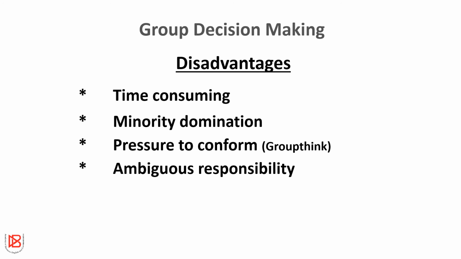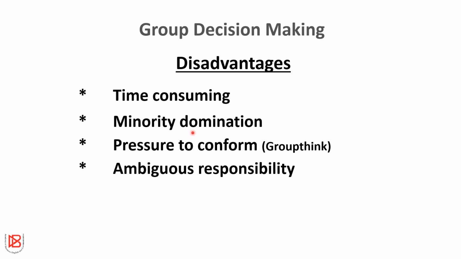Now, did I say about the pitfalls of group decision making? Yes, let us understand those pitfalls. It is time consuming. When you are making decisions on your own, it might not be time consuming. It can be very much instantaneous.